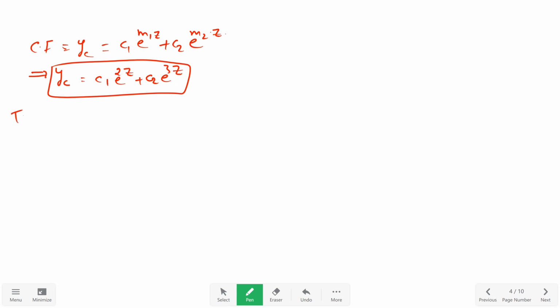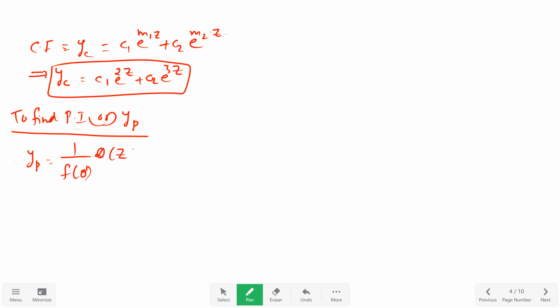Similarly, now we find the particular integral PI or y suffix p. The particular integral is denoted by either PI or y suffix p. The particular integral formula is 1 by f of theta into Q of z.